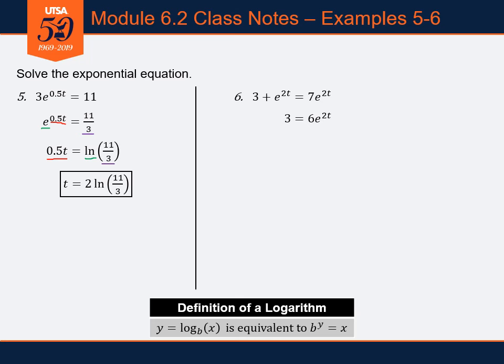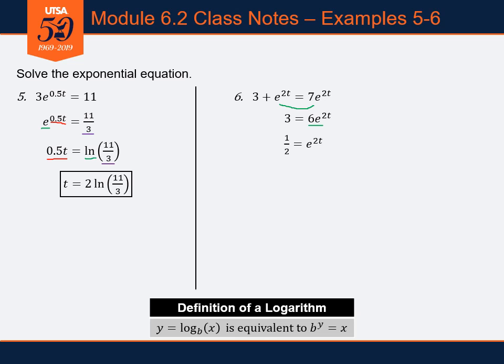We've got 7e to the 2t, and I'm going to subtract over 1e to the 2t, leaving me with 6e to the 2t. Now let's keep trying to get t by itself. A good next step would be dividing both sides by 6. 3 over 6, that's 1/2, equals e to the 2t.